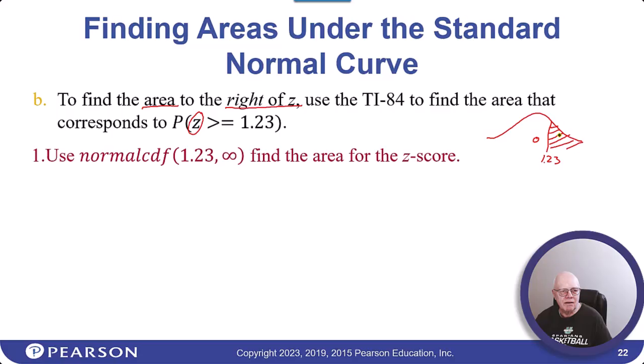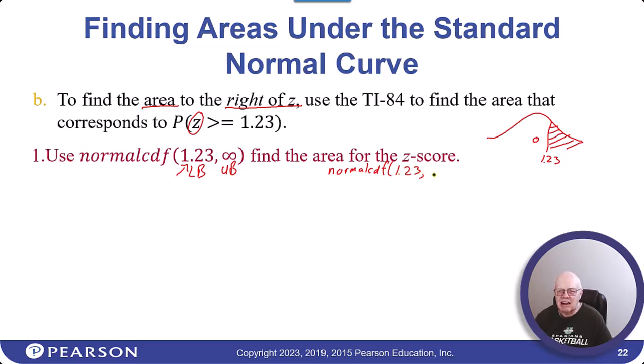So normal CDF, this time 1.23 is your lower bound, and infinity is the upper bound. And I've got a trick there for you too. When I get to normal CDF, I'll put in the 1.23 because that's the lower bound.